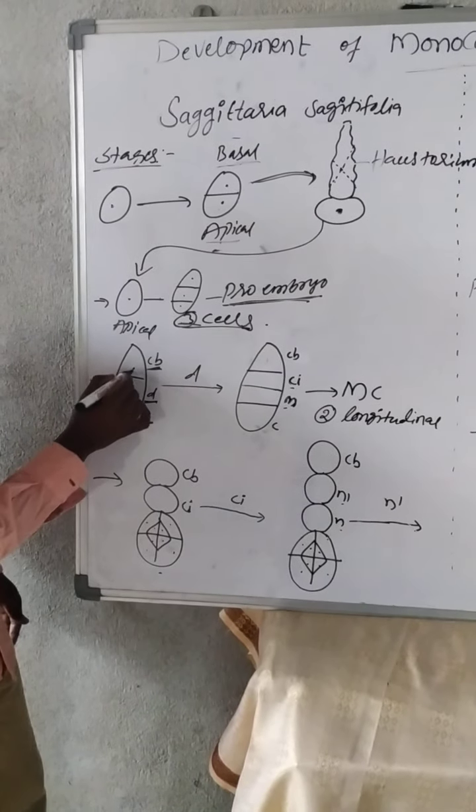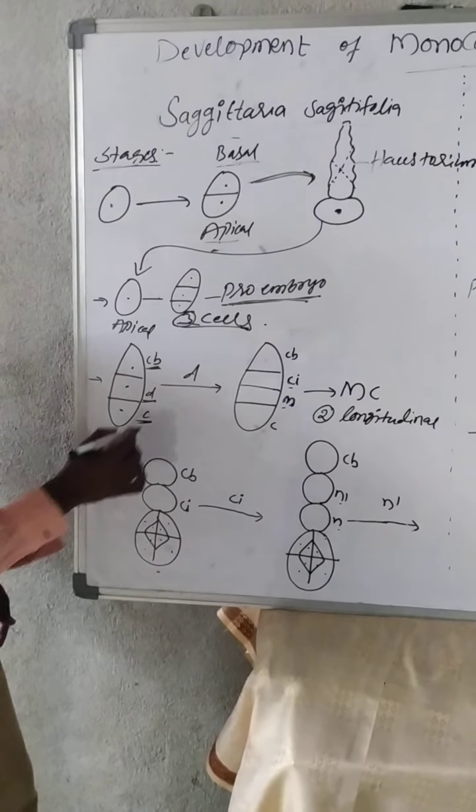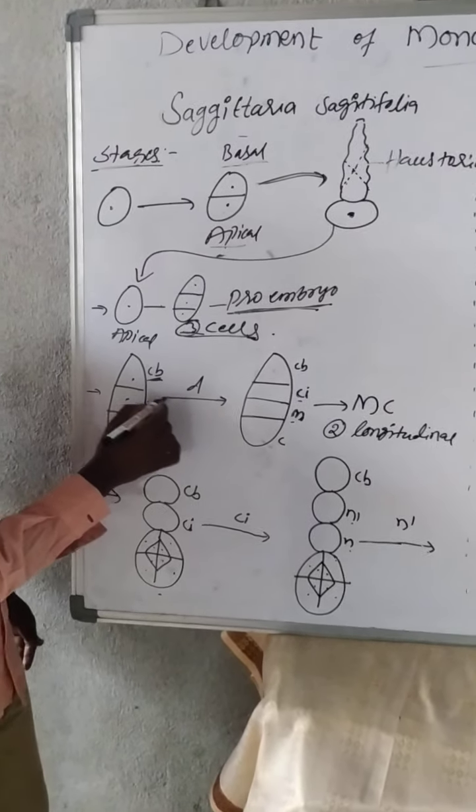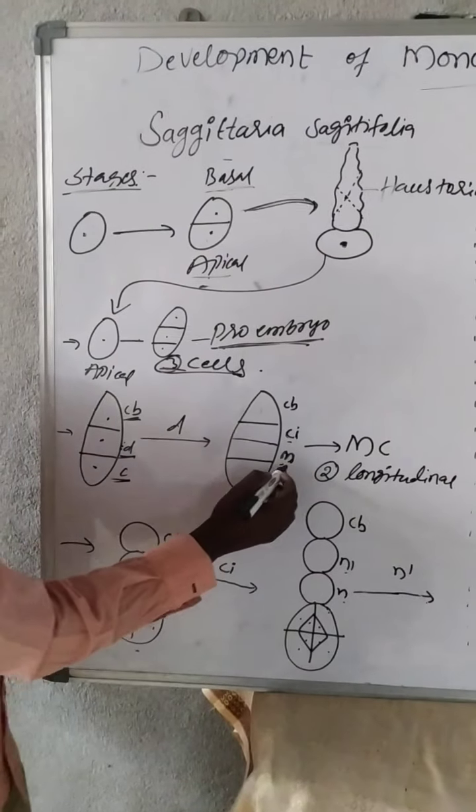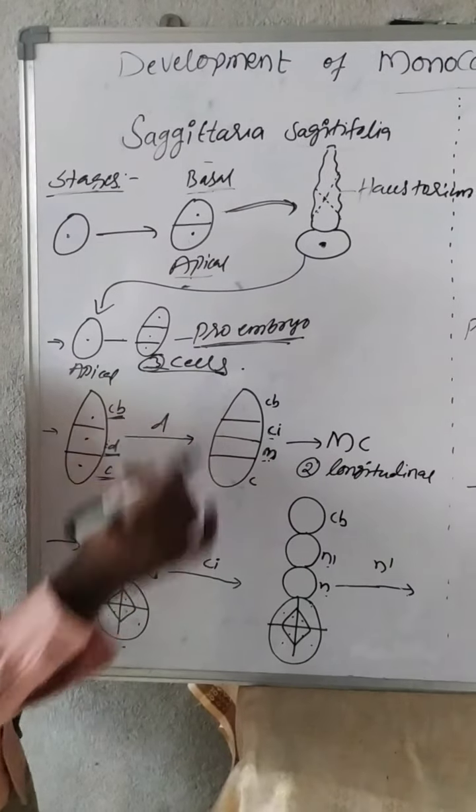Now the D cell undergoes division again and forms M and Ci cells. Listen carefully: the D cell undergoes a transverse division and forms M and Ci cells.